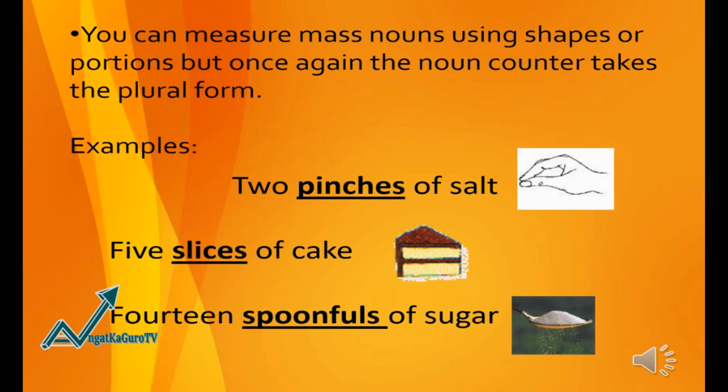But you can also measure mass nouns using shapes or portions, but once again, the noun counter takes the plural form. Examples: 2 pinches of salt, 5 slices of cake, and 14 spoonfuls of sugar.